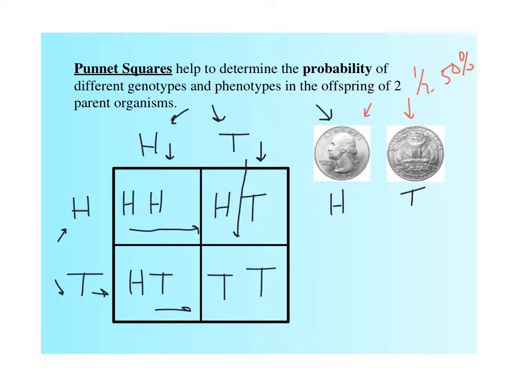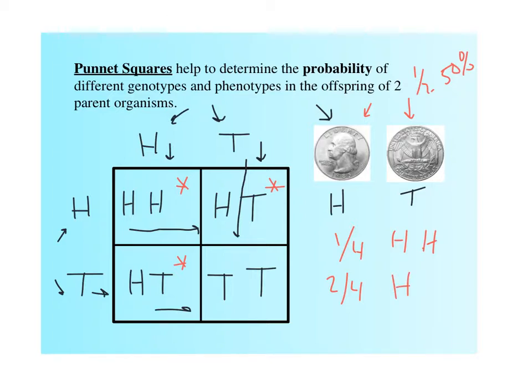Now all you do is you count them up. What are the chances of both quarters being heads? Well, there's one that's heads, and that's it. 1 out of 4 chance you will get both of them heads. What are the chances of getting 1 heads and 1 tails? Well, there's one right there, and there's one right there. So that is 2 out of 4, or 1/2, or 50%, however you want to say it, means the same thing.